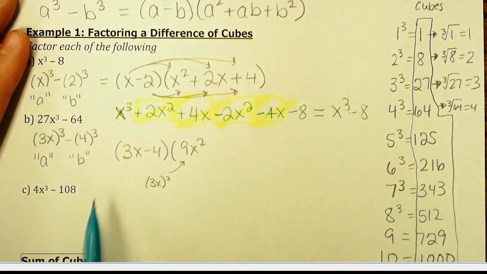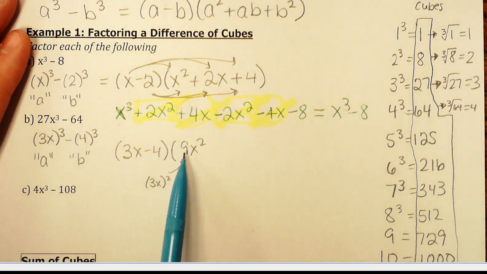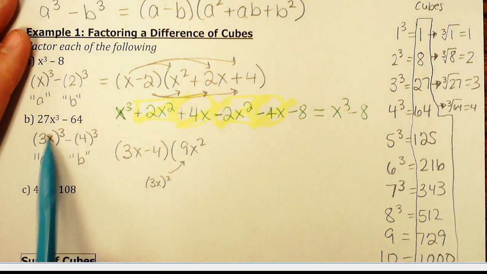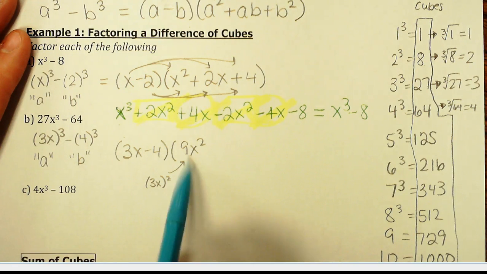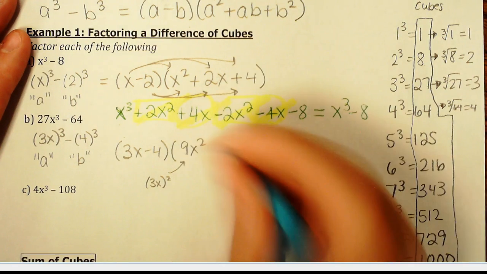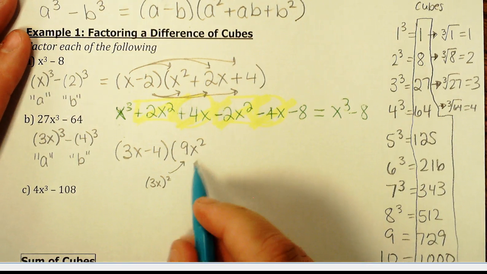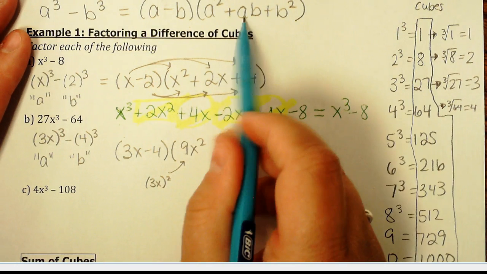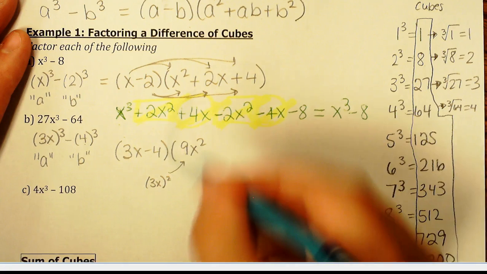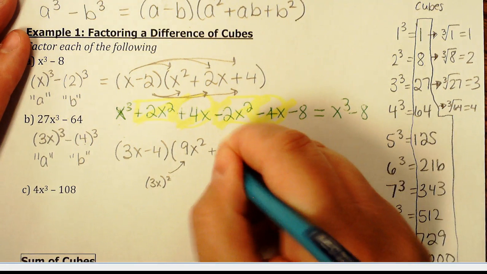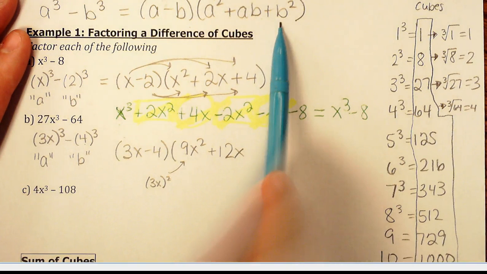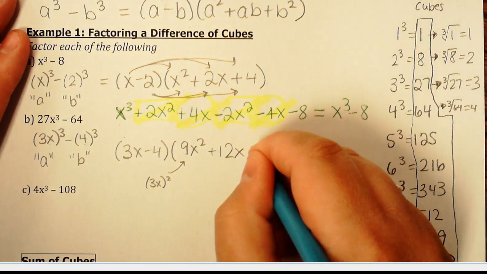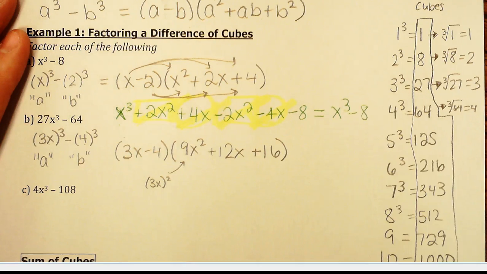Now if you guys do this real quick with me, 3x squared is 9x squared, which gives you the 27x cubed. So that's probably the hardest thing. If there's a number in front here, you got to square the number and the variable both to get that term. Now a times b, 3x times 4 is going to be 12x. And then the last term is b squared. If b is 4, we're going to square 4, and that's going to give us the 16.